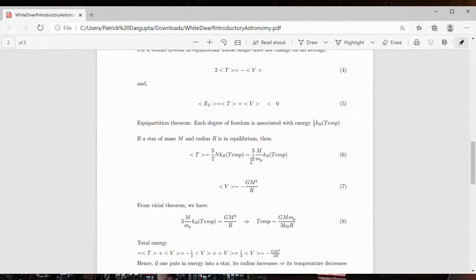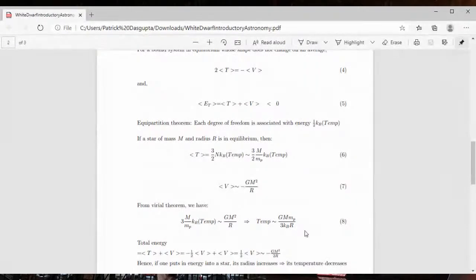So the factor of 2 will go, and I have 3 times mass of the star by proton mass, Boltzmann constant times temperature of the star, equals minus of minus the time averaged potential energy, so minus becomes plus G M squared by R. One factor of mass will cancel with M squared, so that you have only one factor of mass of the star, and we get the result that the temperature of the star is simply Newtonian gravitational constant times total mass of the star times proton mass divided by 3 times Boltzmann constant times the radius of the star.